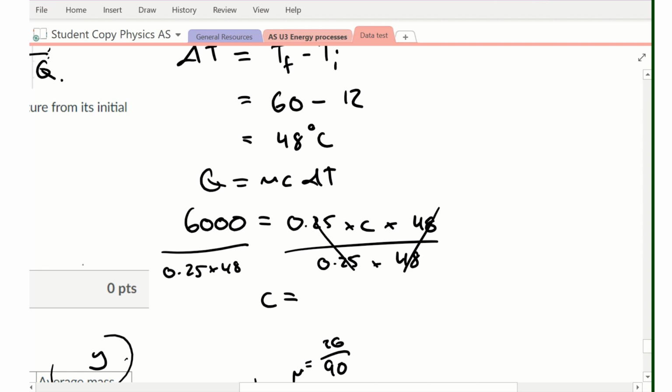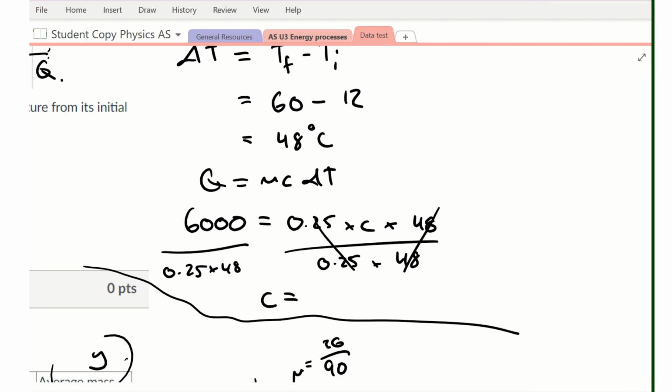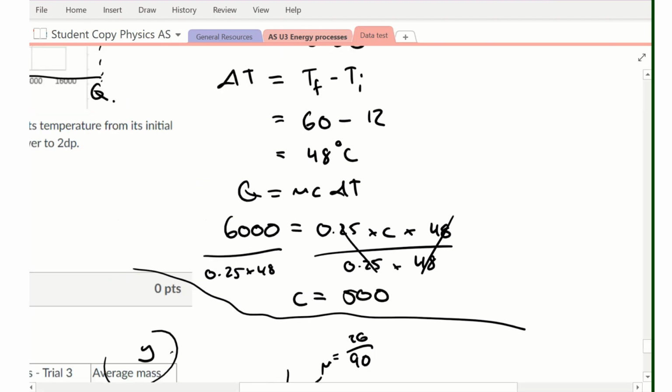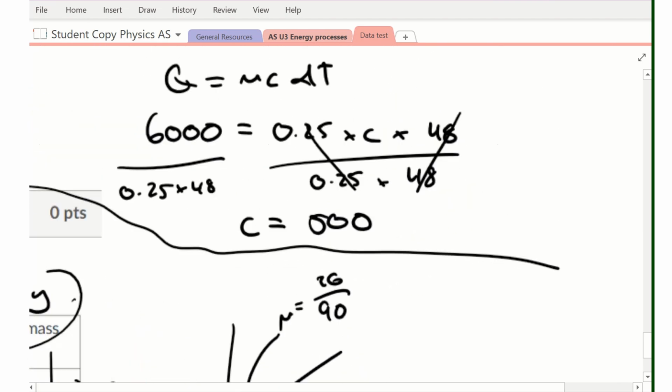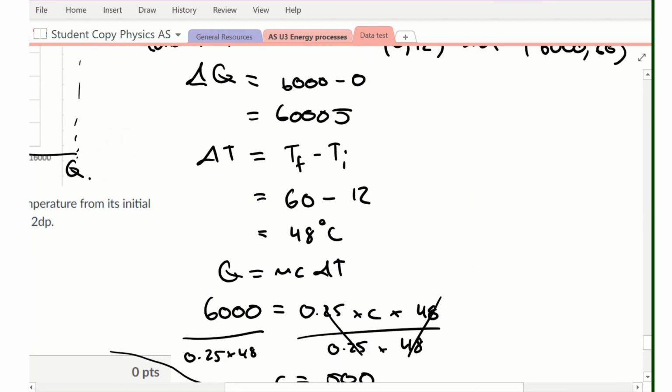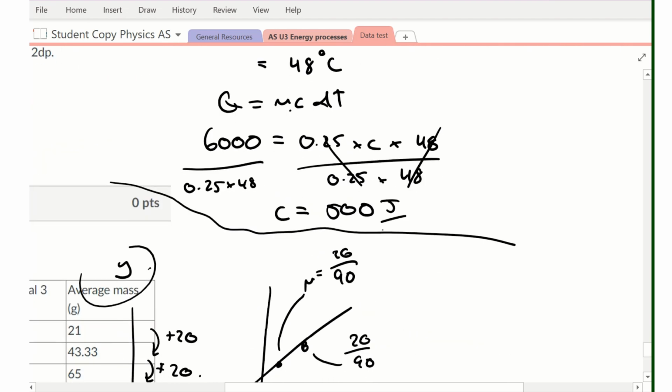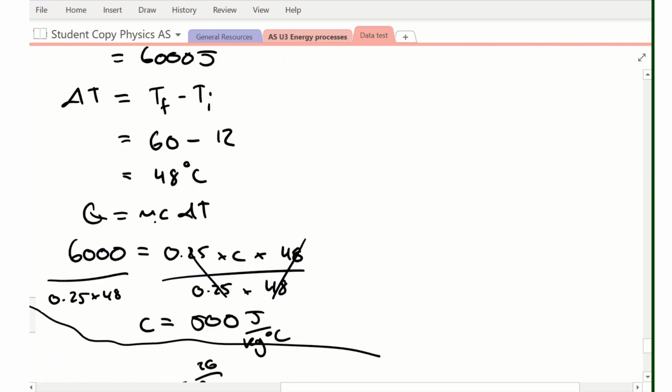And we are left with C. So 6,000 divided by 0.25, and with another 48 there as well. So our C is equal to 500, and our units, let's take a look. We're using kilograms for the mass, so that's going to be joules per kilogram degree Celsius.